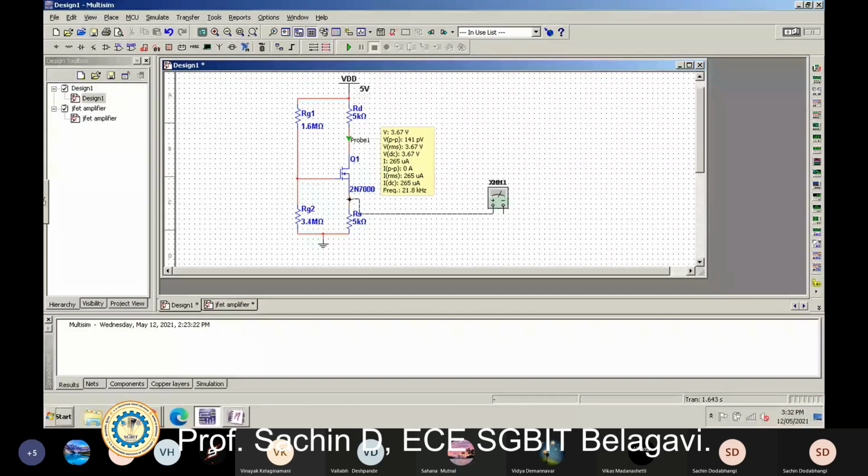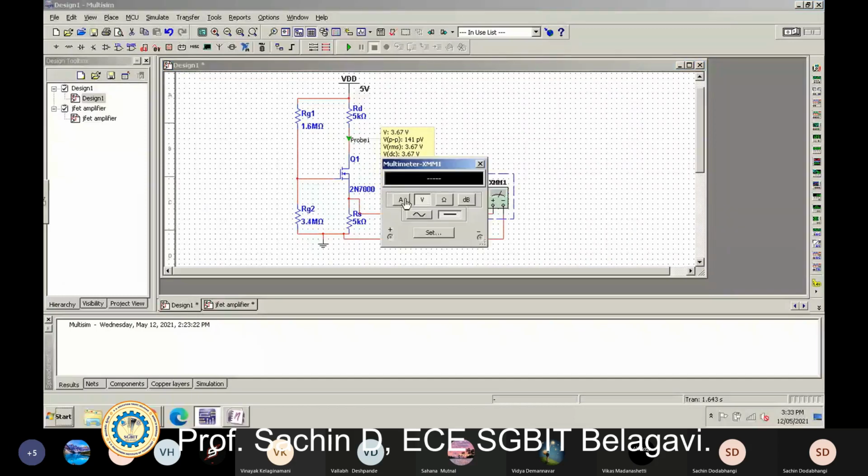If you are using a multimeter, you can use a multimeter also. I'm taking this multimeter here. I'll double tap on this. Can you see the multimeter reading? This is my multimeter.